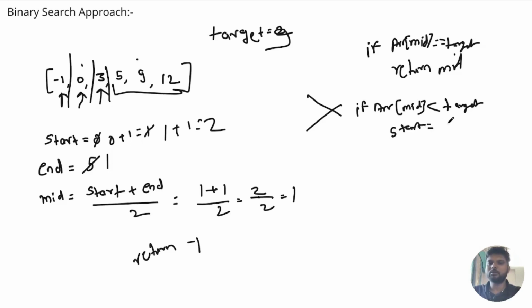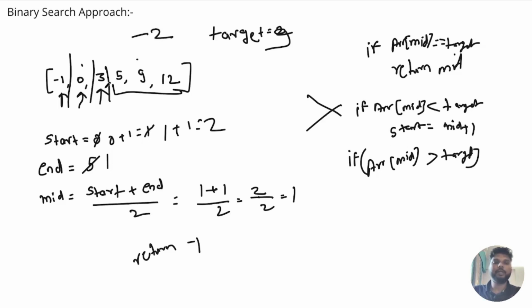So start is equal to mid plus 1, and we need to check another condition, if array of mid is greater than the target. So basically we have reached a condition where, if our target would have been -2 and we have been at 3, then we need to move in this part of the array, right?